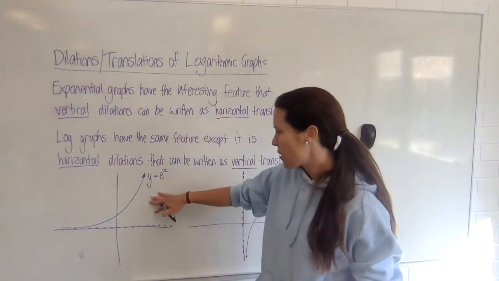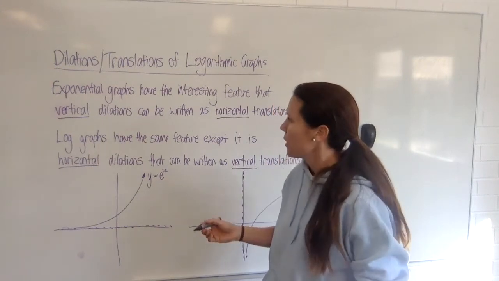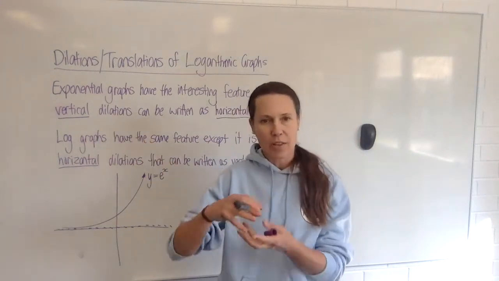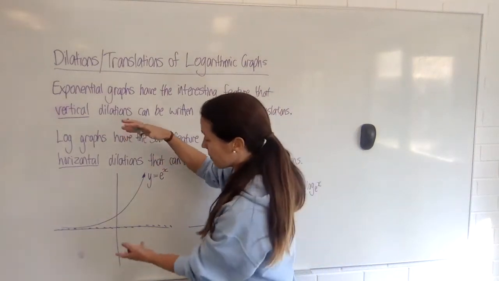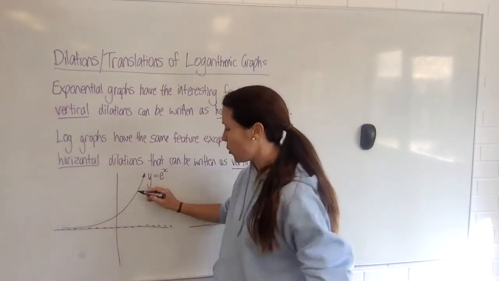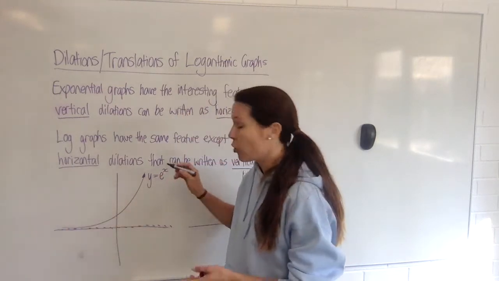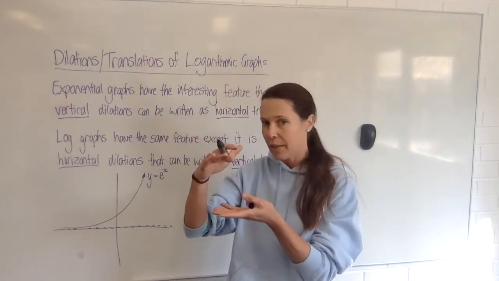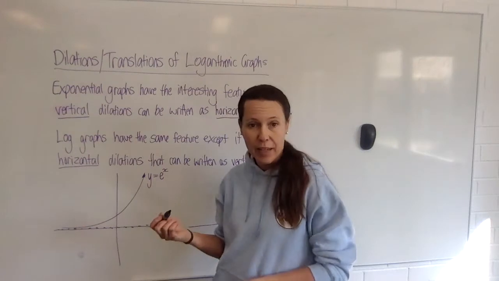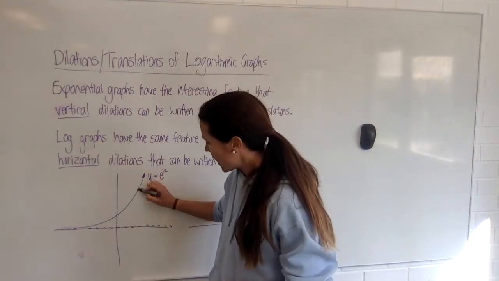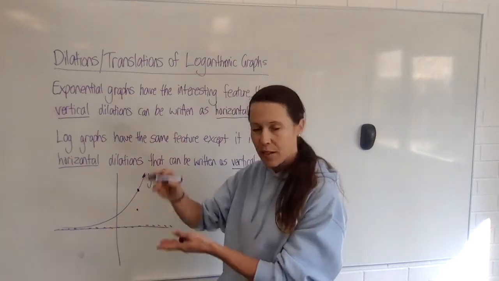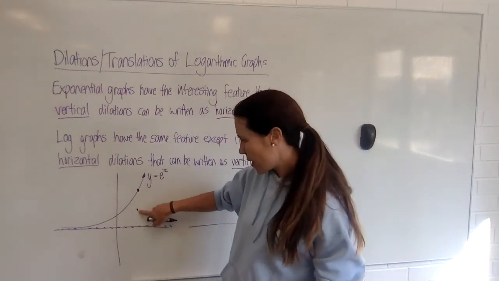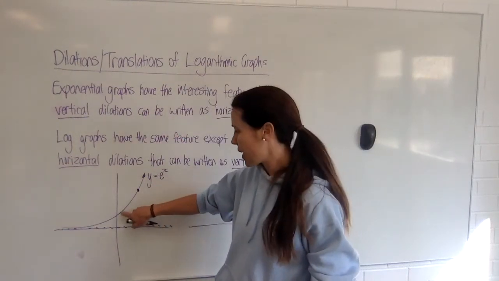So if we look first at the exponential curve, if we're going to make a vertical dilation, then we're going to stretch it or compress it this way. Now, it makes sense that if we compress it so that all of the points on the curve are now half the distance that they were from the x-axis, then taking any one point and moving it down so it's half the distance away, there is another point on this curve that has that exact same y value.